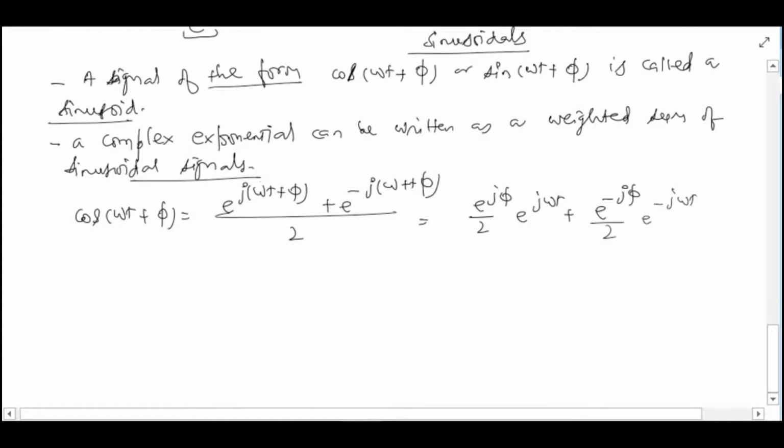So now we see that we can write a sinusoidal as a weighted sum of complex exponentials. Interchangeably, we can write complex exponentials as weighted sums of sinusoidals and vice versa.